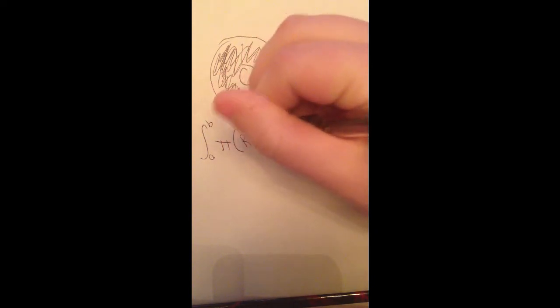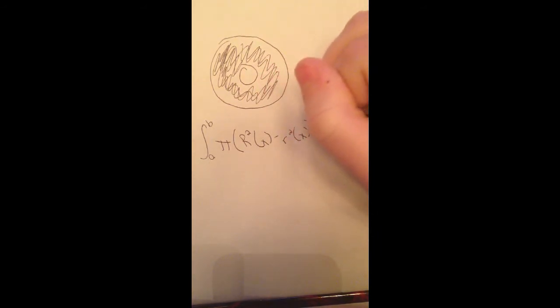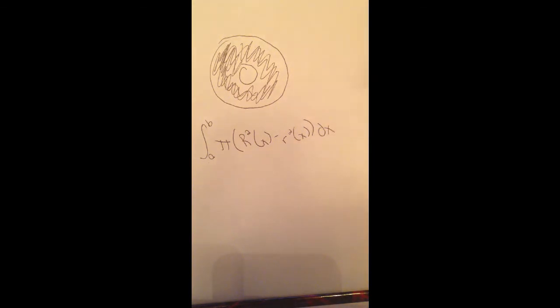So, the formula for finding the volume of a solid with a hollowed out center is going to be this. The integral from a to b of pi times big R squared of x minus little r squared of x, times dx.